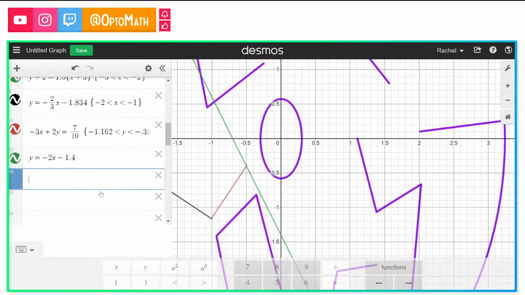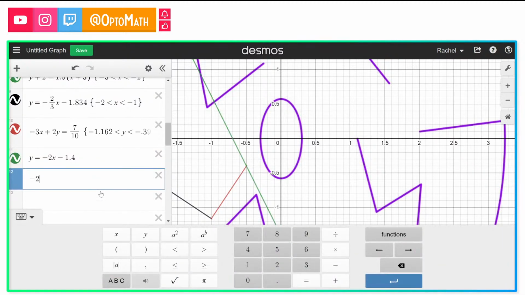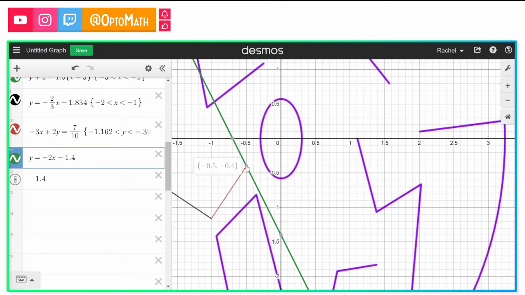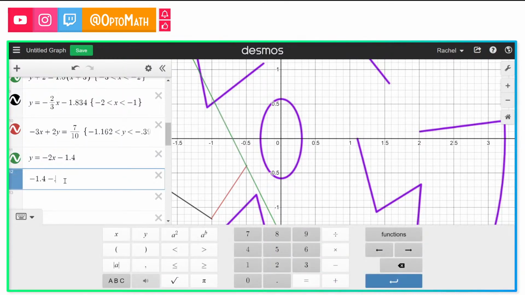So we've got -1.4. So -1 2/5 or -1 4/10. And then the biggest y value is maybe, what was that? -0.4. Okay. I'll make my curly braces.